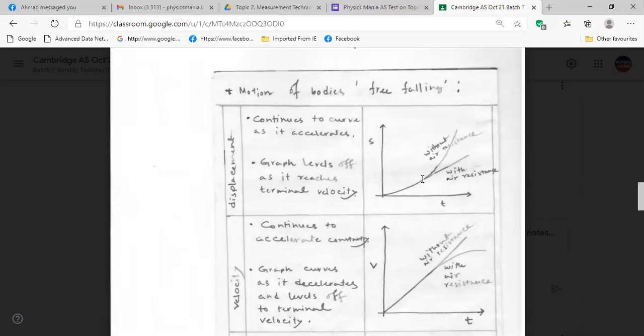So after this, the air resistance started working, right? With air resistance, what will happen? Can you say what will happen?